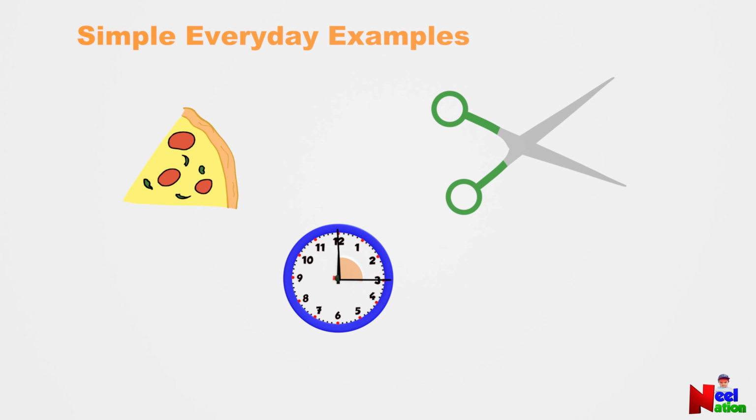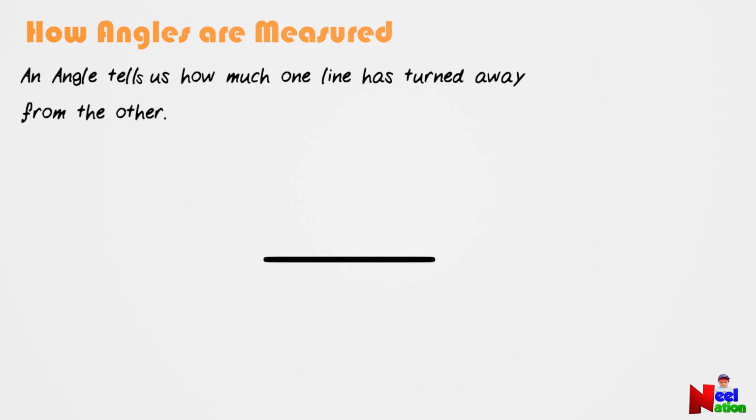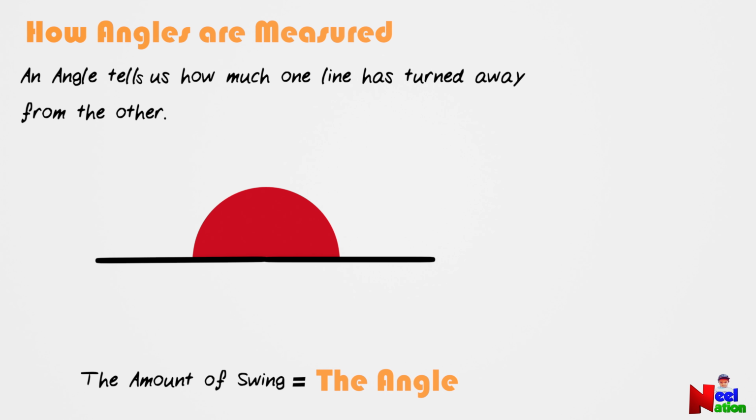Interesting. An angle tells us how much one line has turned away from the other. Let's see how it is measured. Start with one line fixed and another line that can turn from the same point. The amount of swing equals the angle.